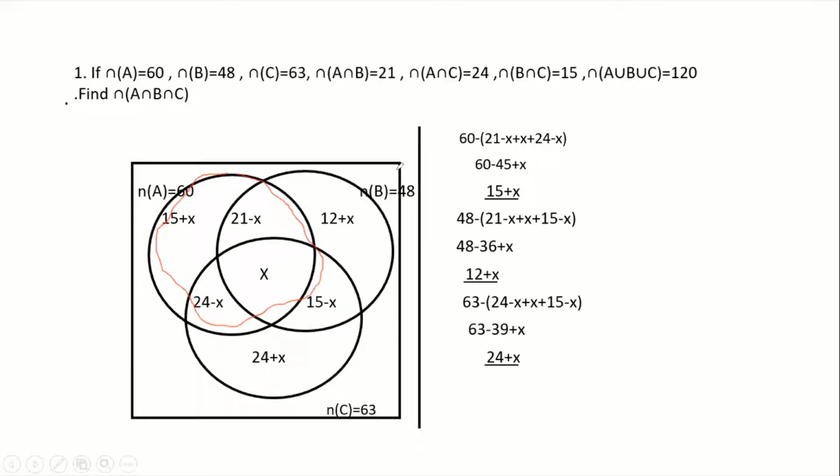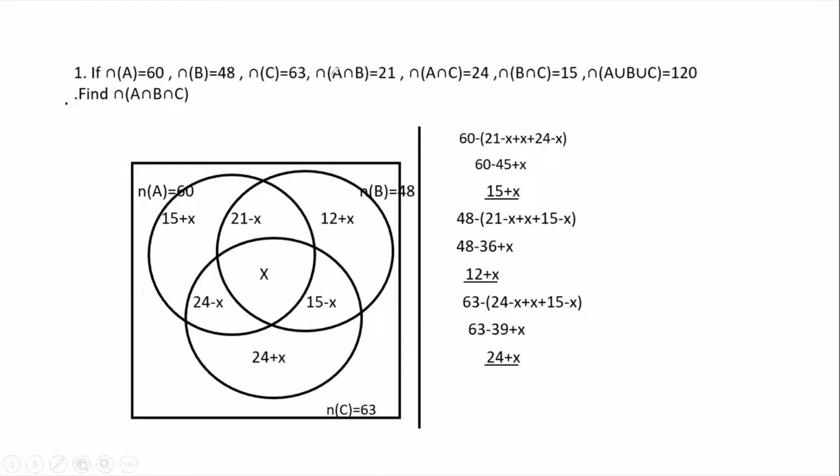The number of elements in B is equal to 48, meaning this whole set here is equal to 48. And the number of elements in C is equal to 63, as you see it here. So we have filled in our Venn diagram depending on our question, but we still have some other elements in our question.